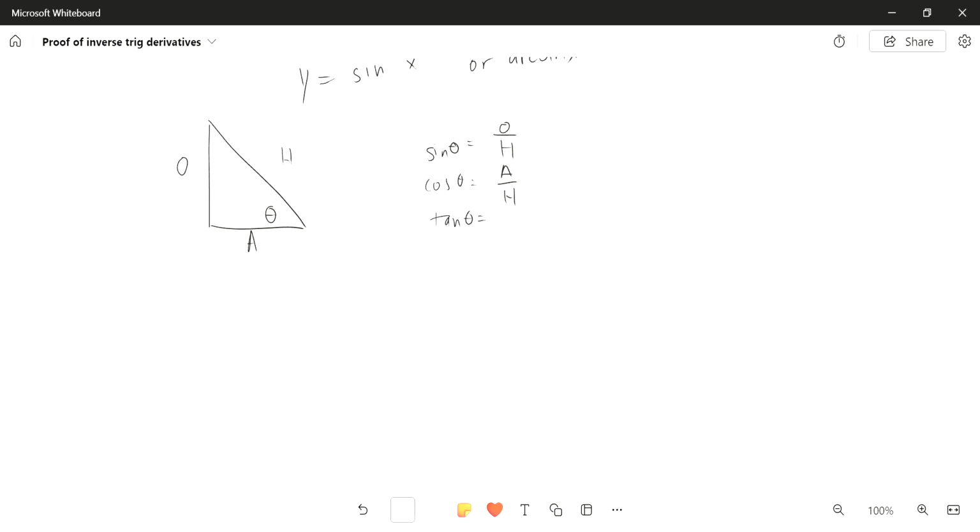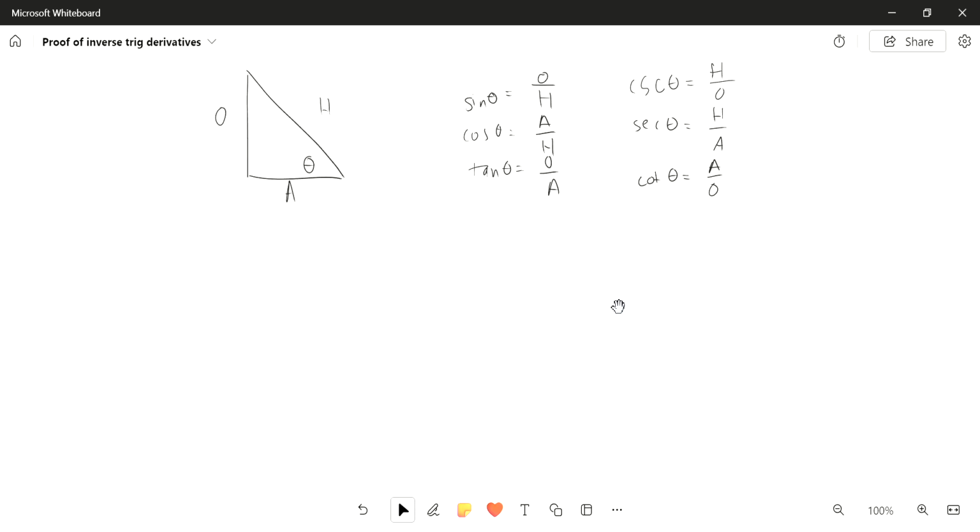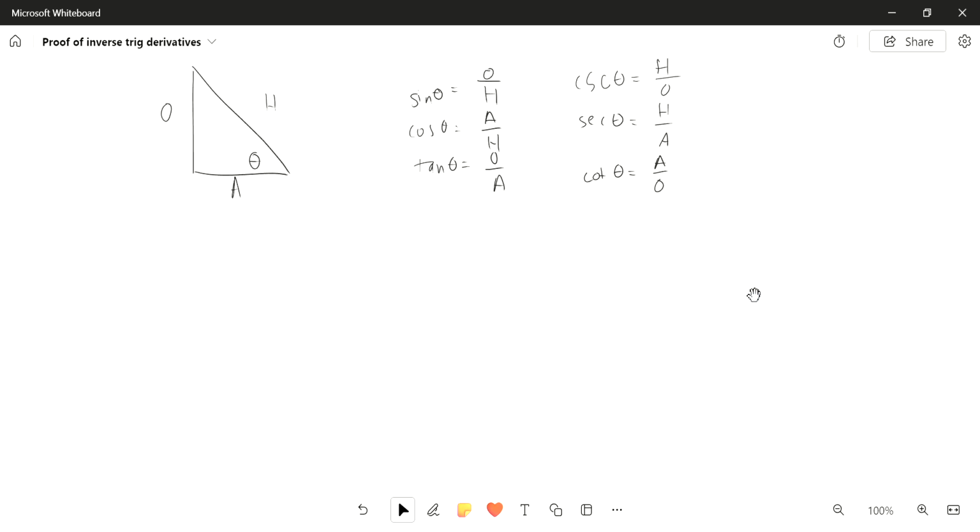Tangent theta is equal to opposite over adjacent. And then to get cosecant, we just flip it, so hypotenuse over opposite. Secant is just cosine flipped, and cotangent is just tangent flipped. I'm just hoping that makes it a little bit easier. So now let's get into the actual derivatives.